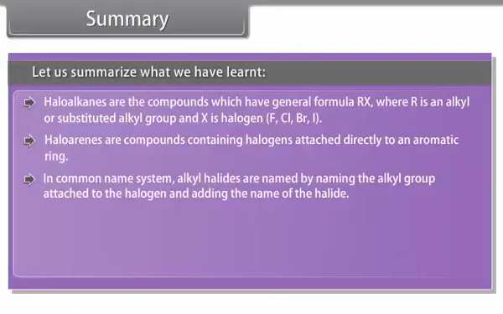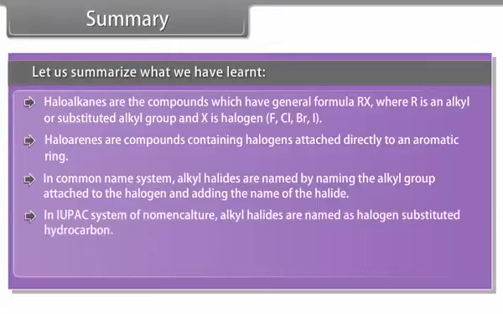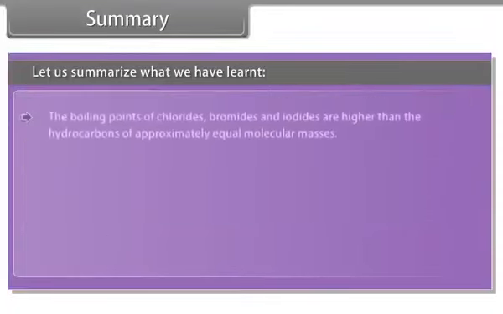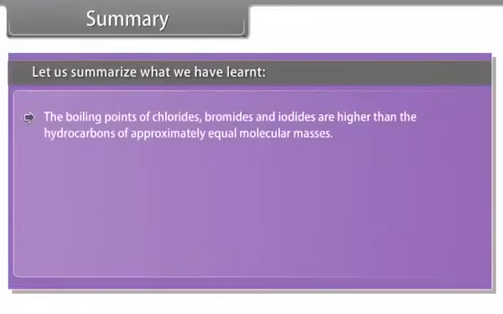Due to this, the boiling points of chlorides, bromides and iodides are higher than those of hydrocarbons of approximately equal molecular mass. For the alkyl group, say R, the decreasing order of boiling point of alkyl halides is RI has the highest boiling point, followed by RBr, then RCl, and then RF.